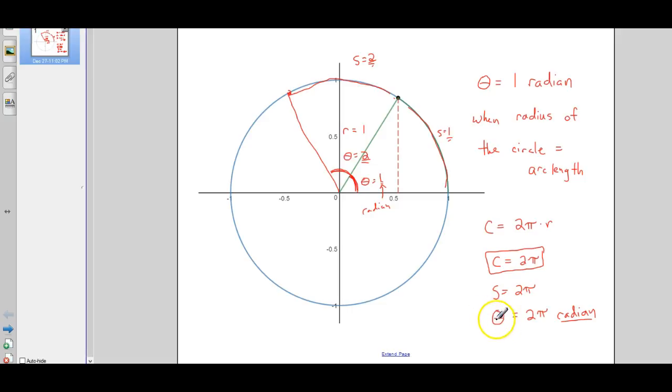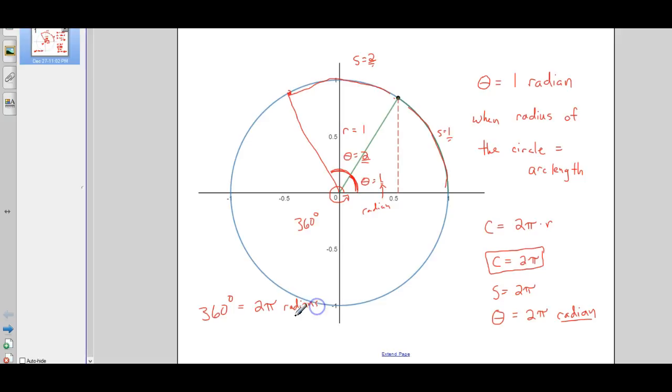If the angle measure is 2 pi radians to go all the way around, well, we know going all the way around is 360 degrees. So there is our key rate between radians and degrees. 360 degrees is 2 pi radians.